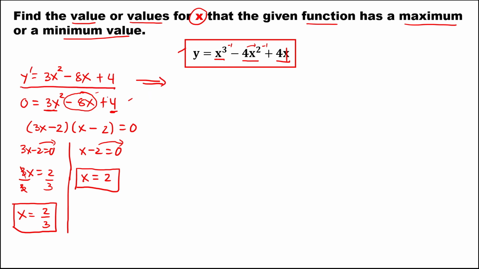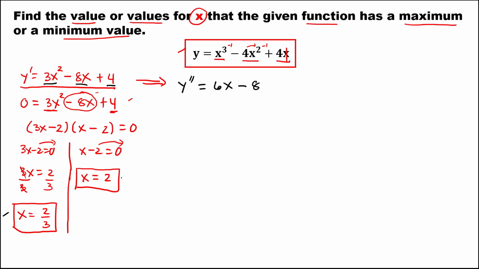from this first derivative. So to find the second derivative, y double prime equals the derivative of 3x squared, this is 6x, then minus the derivative of 8x, that's 8. Then the derivative of a constant, this one is 0.